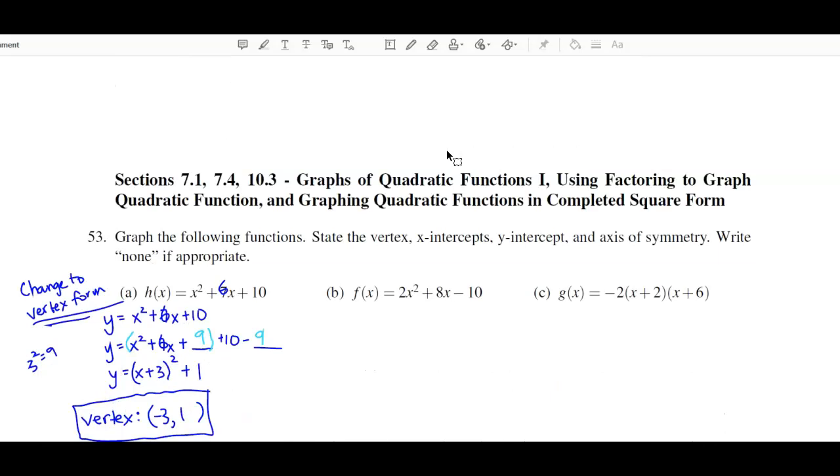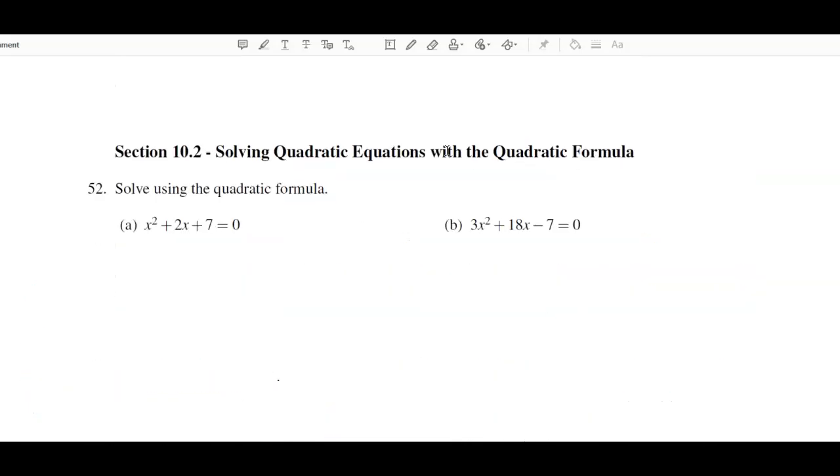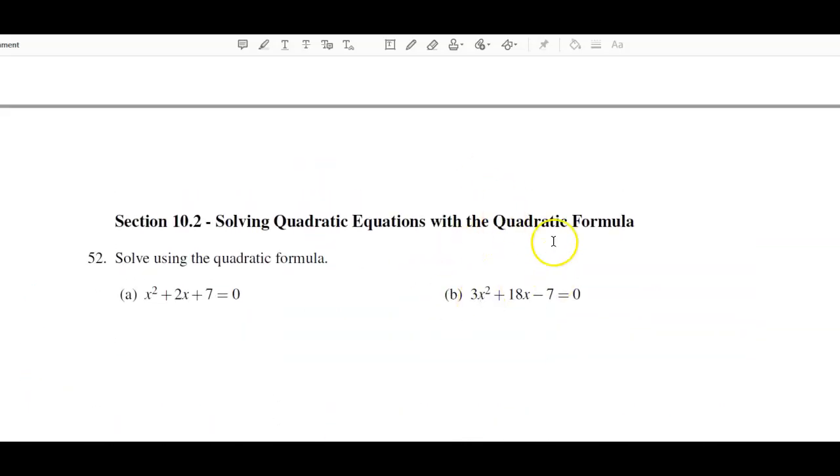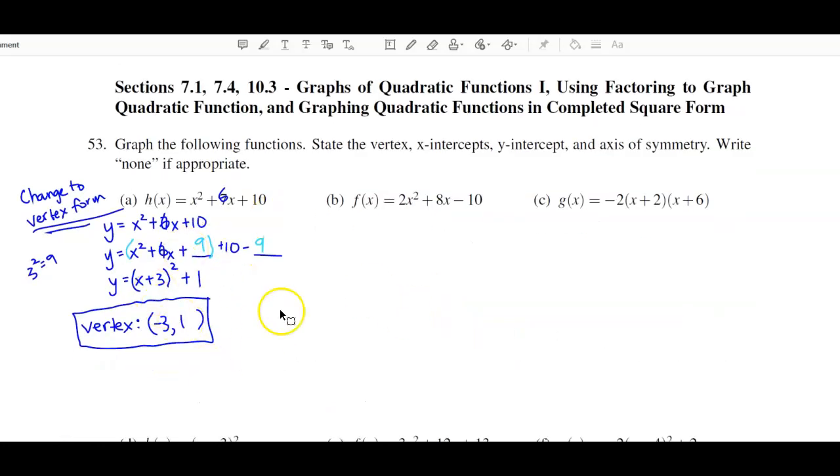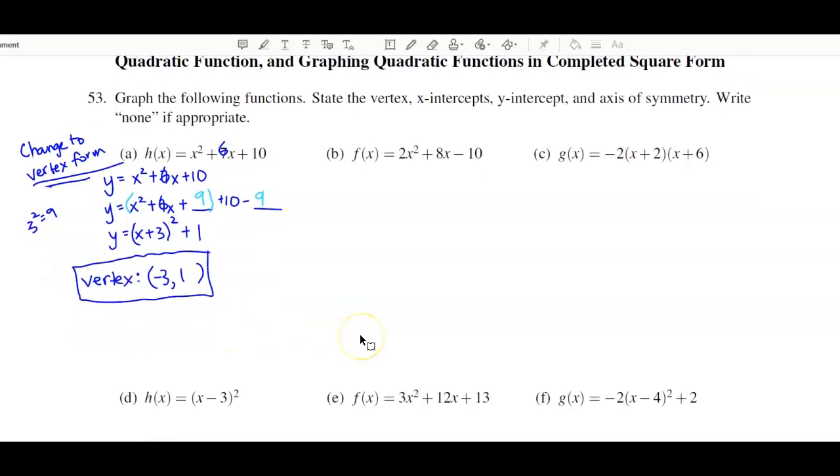We talked about those, but I would say please make sure you try those again if you really struggle with solving by completing the square. I will tell you that on the test, besides having to write something in vertex form, like on this one, you will need to make sure you know how to do that. But if you're solving something, I don't care if you solve it by factoring, by completing the square, or the quadratic formula.